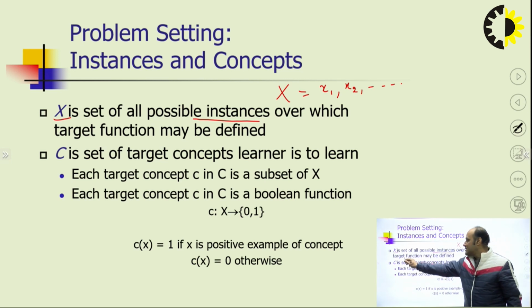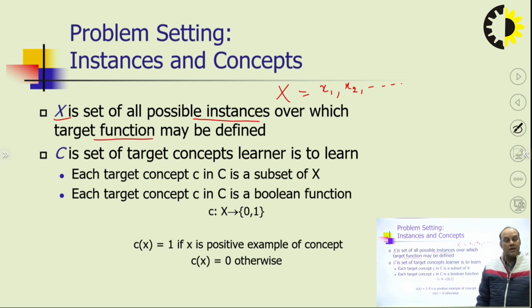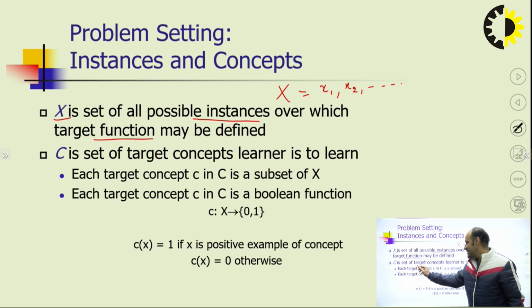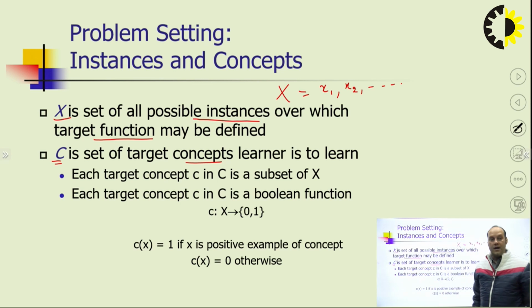We have already studied how we are going to train the system. First of all, we have to design the target function. After designing the target function, we will go for approximation, which we have already studied in unit 1. Now C is a set of target concepts, which will consist of all the concepts to learn.